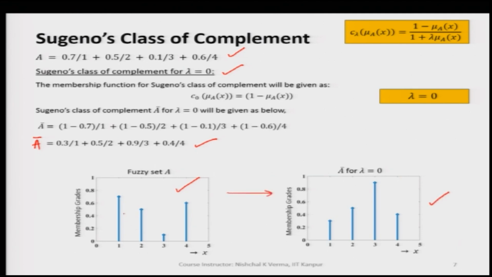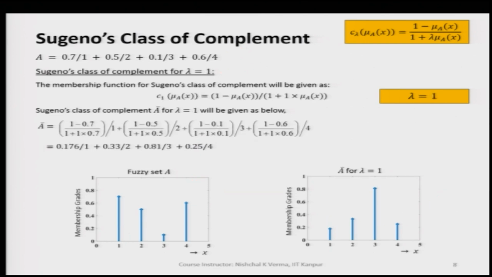We can clearly see that each and every membership value of the complement fuzzy set we are getting from A by subtracting the respective membership values from 1.